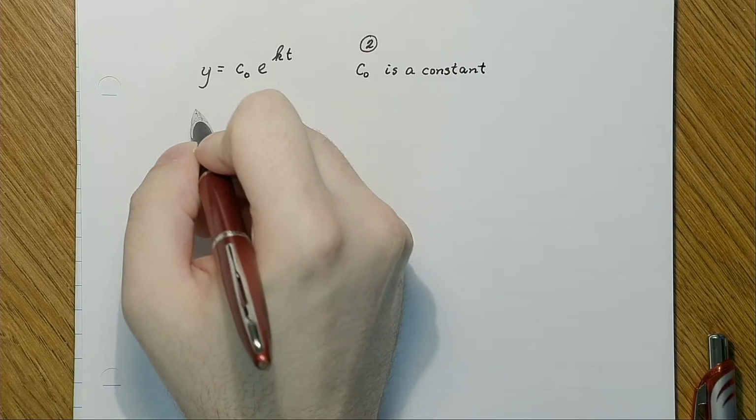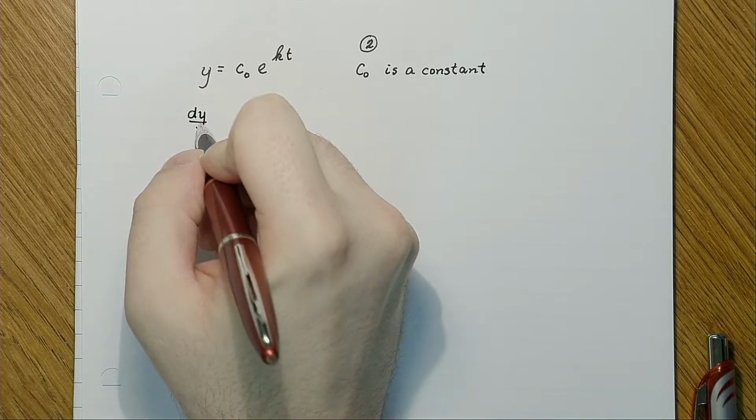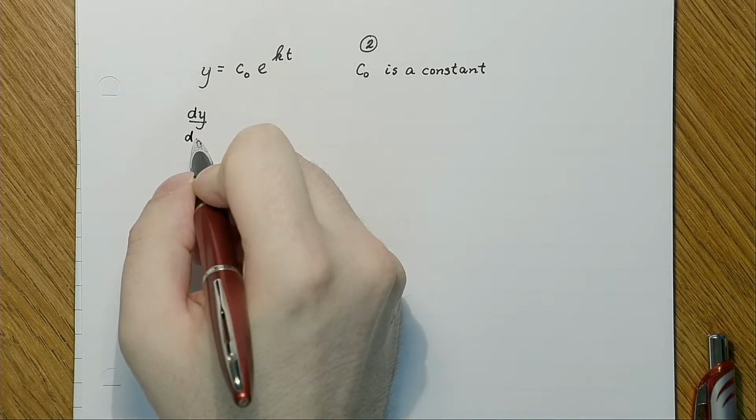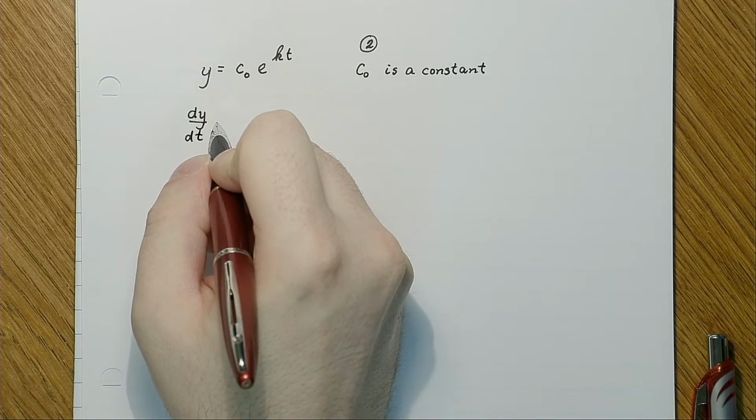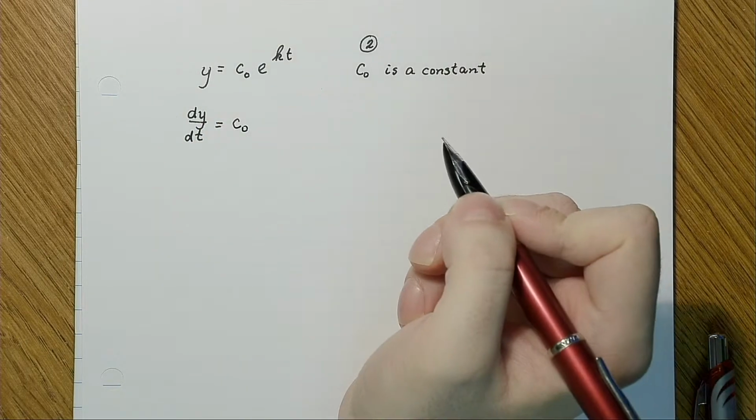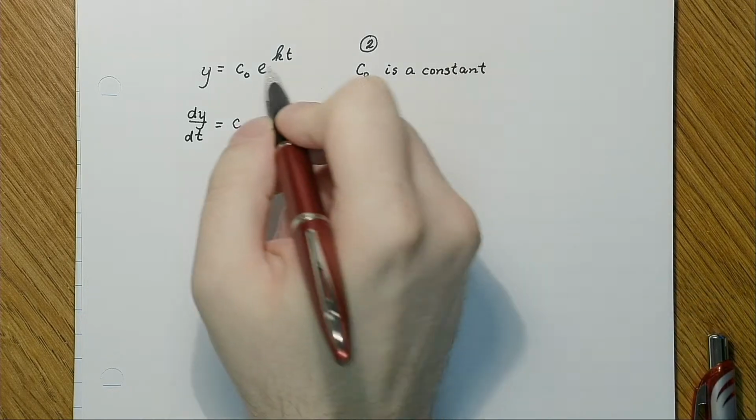Then I'm going to take the derivative of this. So dy by dx. Oh, I'm going to use dy by dt in this case because it's with time. I just leave the constant alone, and then take the derivative of this.